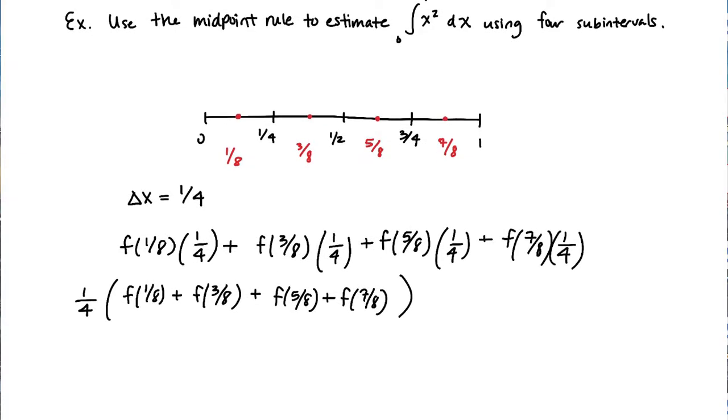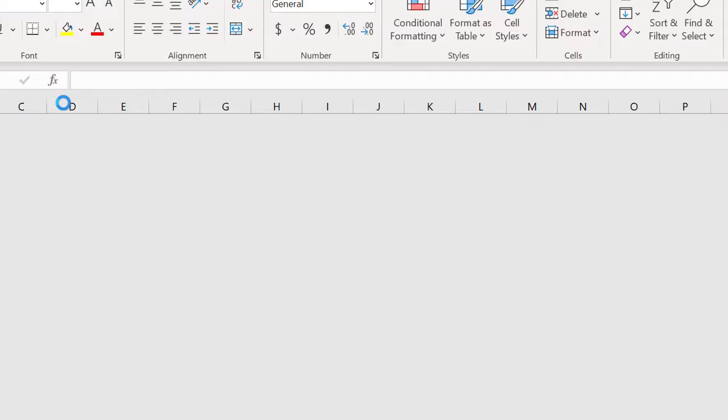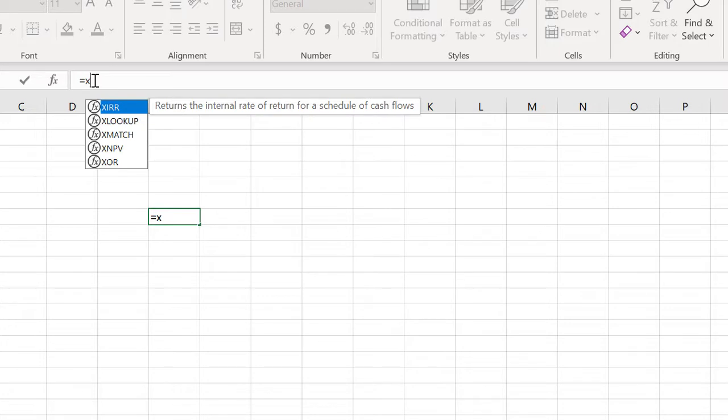This is where we can use our technology to expedite the arithmetic process of this. If we jump over to Excel, let's go ahead and set our cell to be equal to x squared.